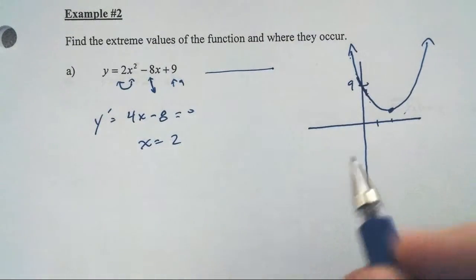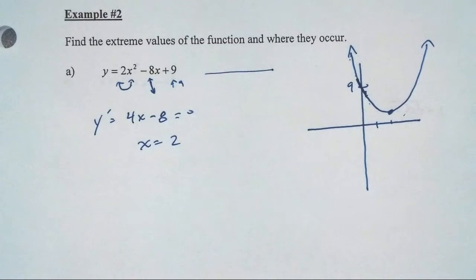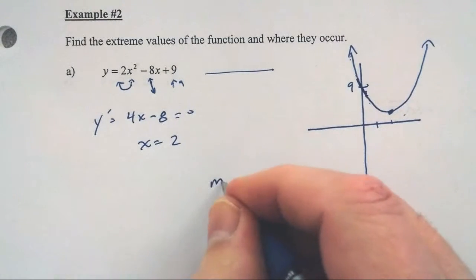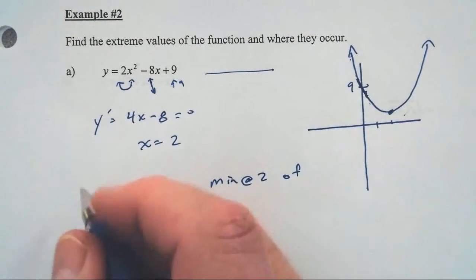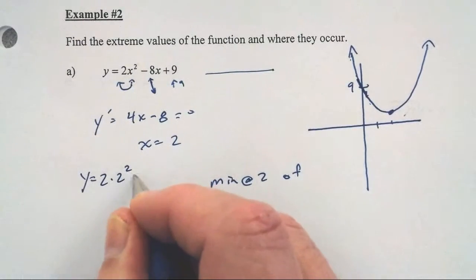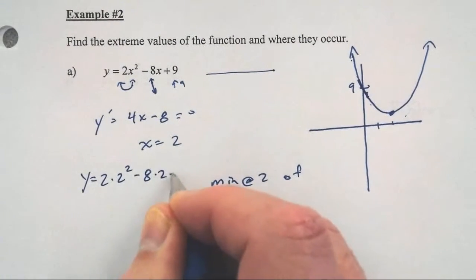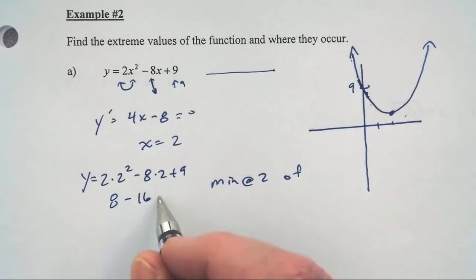Maybe it's down. So the only point that we know of, we've got an absolute minimum, a relative minimum. We've got a minimum at 2 of, well, we need f of 2, or y equals 2 times 2 squared minus 8 times 2 plus 9, or we get 8 minus 16 plus 9.